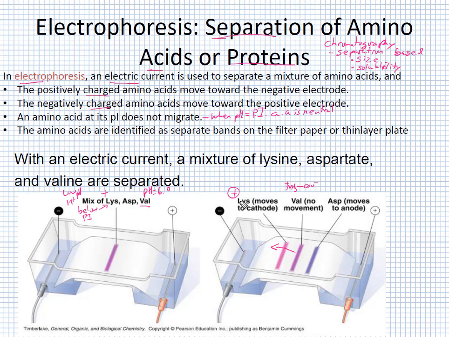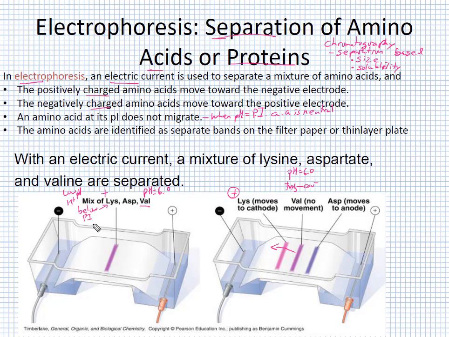Opposites attract. All right, the pH here is about 6.0, which is less than the pI of lysine. I can't remember what it is for lysine. I want to say the pI is about 8, I think.